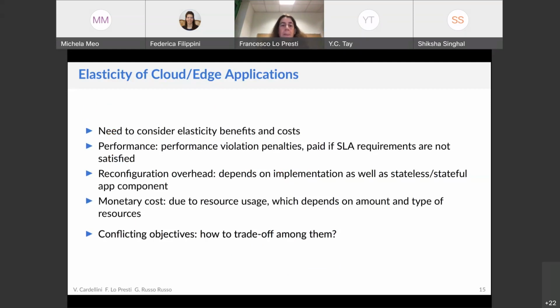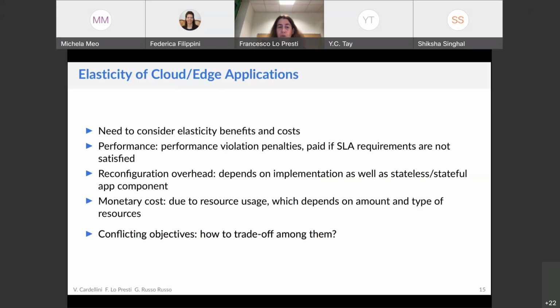For example, you want to use elasticity because you want to reduce the violation of performance requirements that can be specified in a service level agreement. So in this case, you would like to use more replicas of the resources, so to reduce the risk of having some performance penalties.